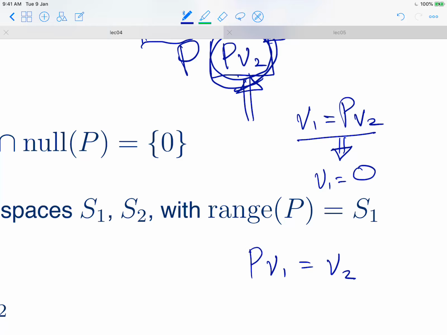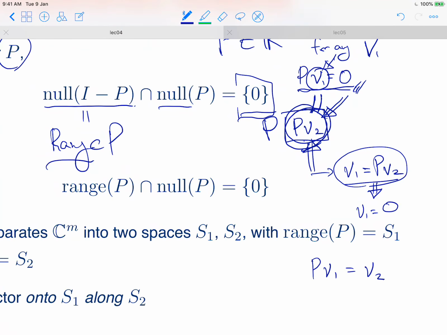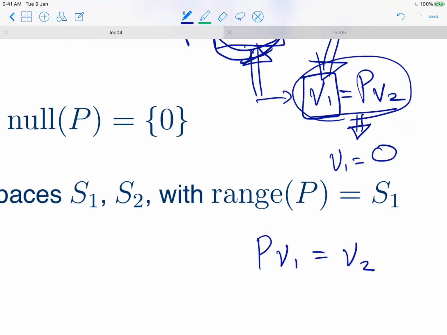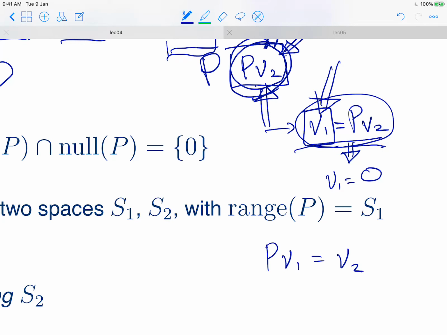So in this case, we understand this equation as an overlapping element between the column space and the null space, and let's multiply P over here, and then we obtain P V1, and in this case P squared V2, right?